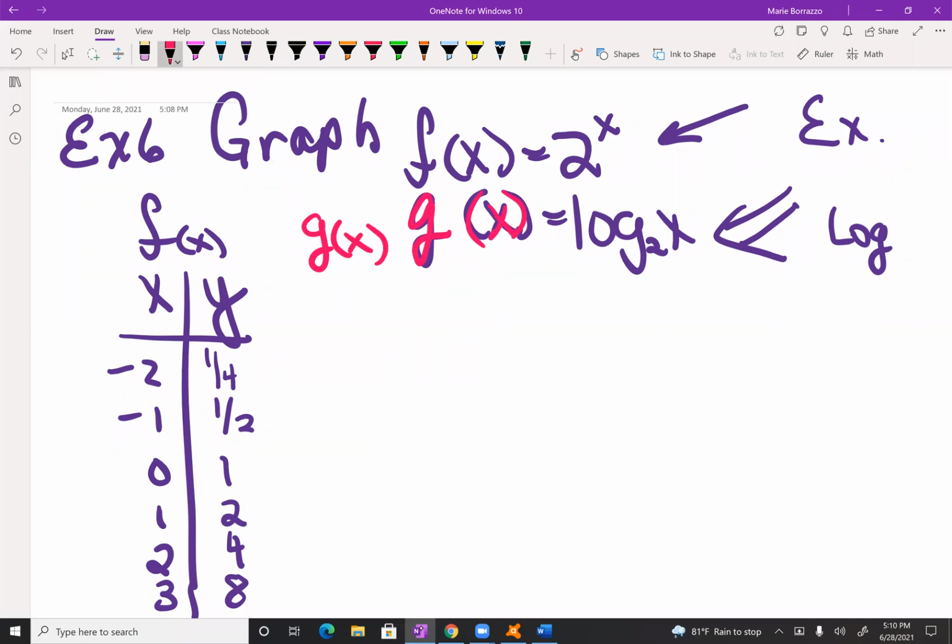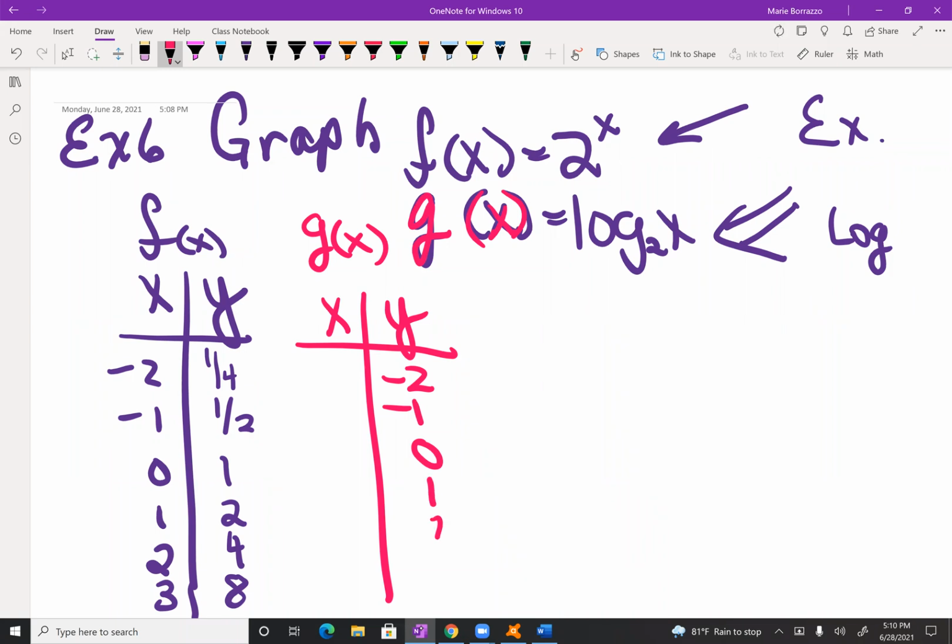So for my g of x, I want you to notice that I'm technically going to just take the x and take the y, and I'm literally going to swap them. So this is going to be my -2, -1, 0, 1, 2, 3. And on the opposite end, I'm going to have the 1/4, the 1/2, the 1, the 2, the 4, and the 8.